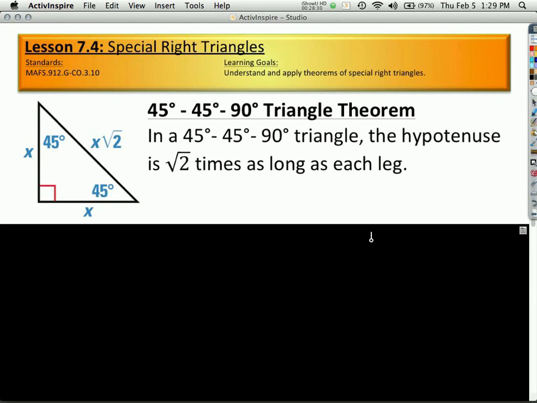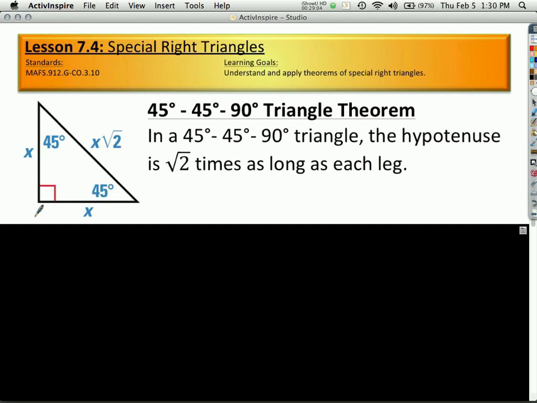And what it means is if you have an isosceles triangle and it's a right triangle, then you must have a 45-degree angle here and here. And what will happen is that the side lengths will always be in the same relationship. Since it's isosceles, this and this will always be the same, and the hypotenuse will always be radical 2 times the length of this side.